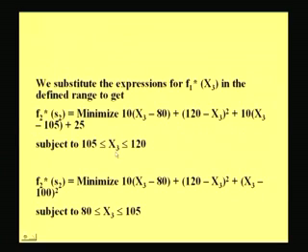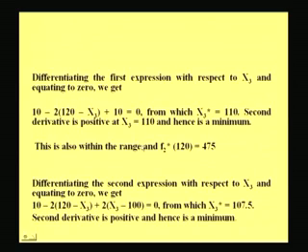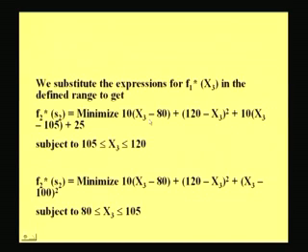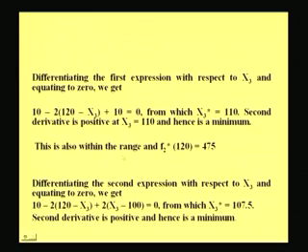If x3 star had exceeded 120 or were less than or equal to 105, then we would have to go back and substitute at the extreme points to find out which one is the minimum. In this case the optimum, which is 110, happens to be in the range, and therefore we comfortably use this 110.